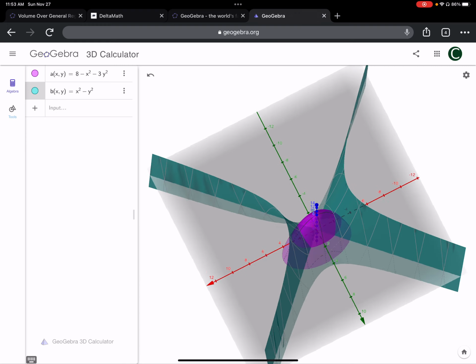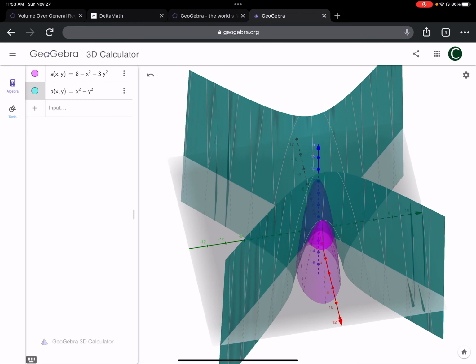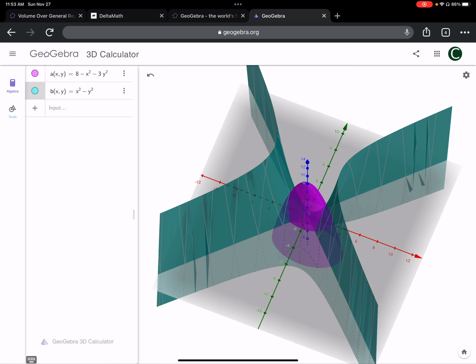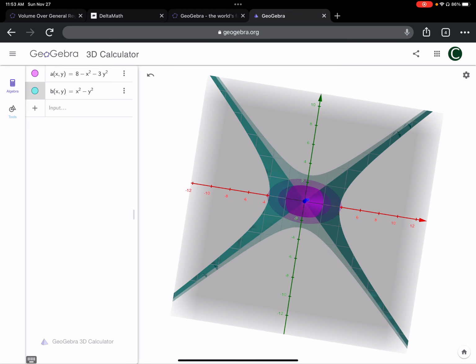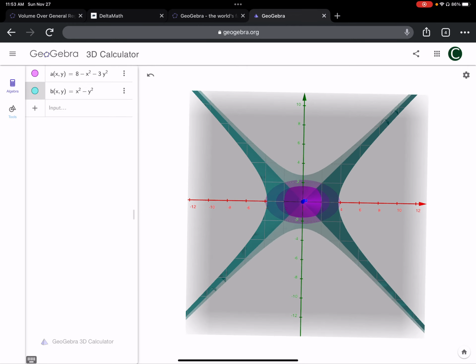We want that overlap region. It's tough to see, but it's contained like here, this inner part. Let's screenshot this to make sure I'm looking at that correctly.